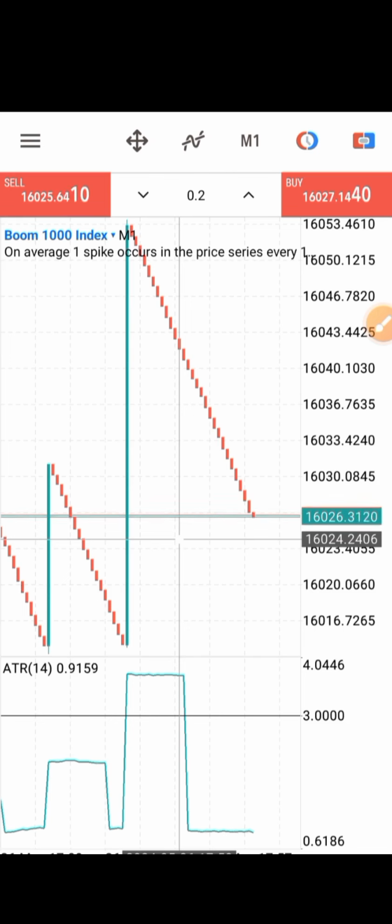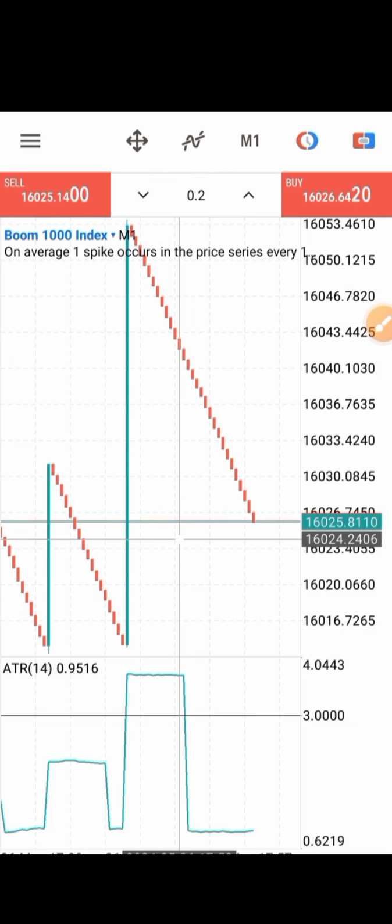This is called scalping. When you are scalping, you are not meant to stay long in the market. The word scalping is doing things at the blink of an eye. You understand? Just do it immediately and assess the market.